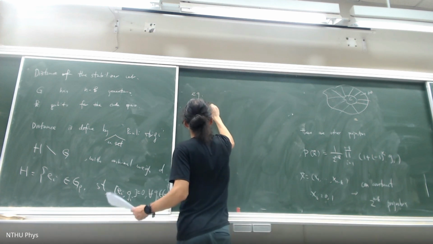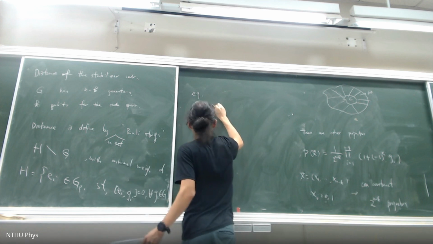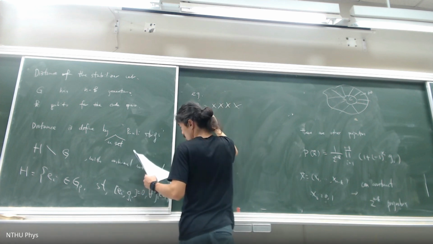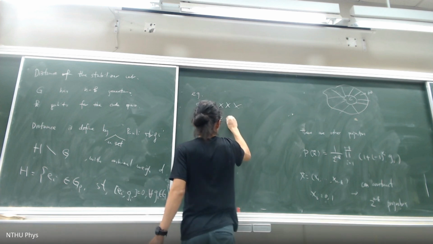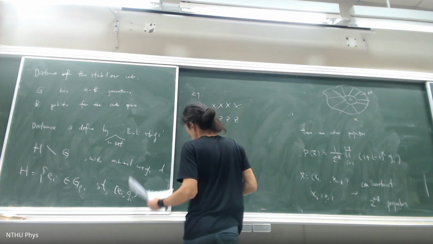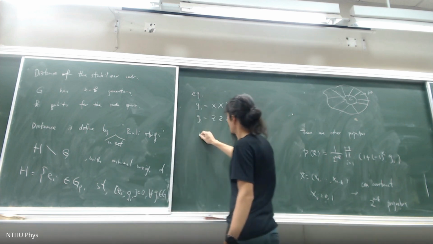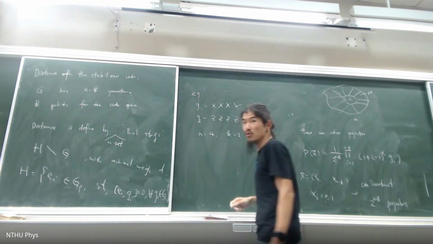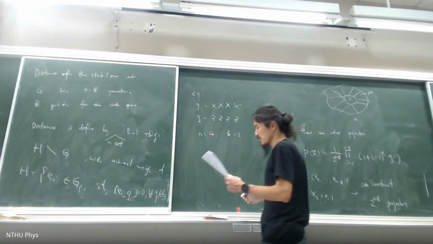Suppose I have two generators, like this one. In this case, n is 4, k is 2. So I have two logical qubits.